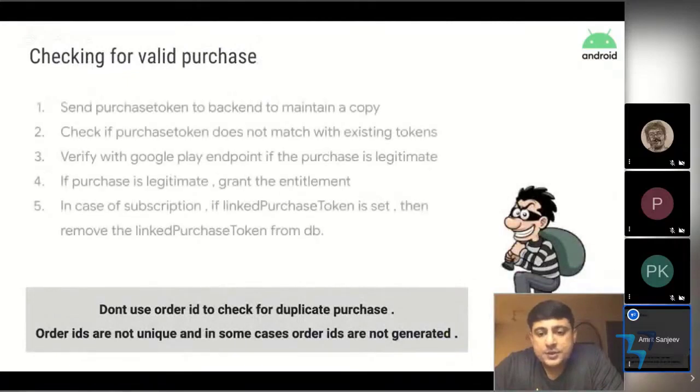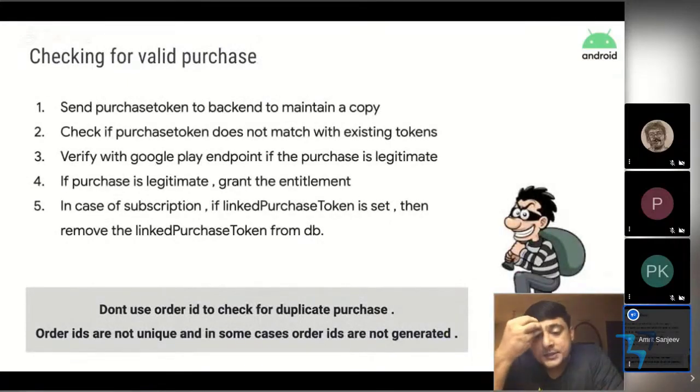Now, when you do a valid purchase, this is the confusion that I see a lot of developers have, basically from the perspective of how do you actually secure your payment? You actually get a purchase token. When somebody makes a payment, your app gets a purchase token from the Play Billing Library.